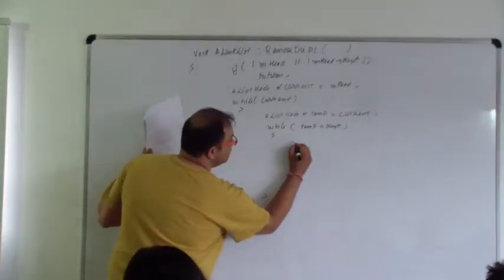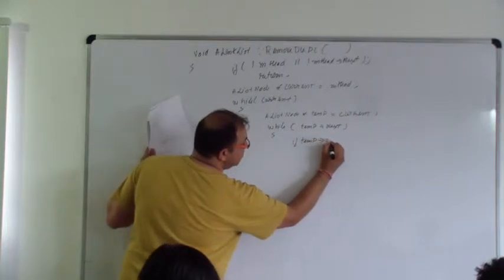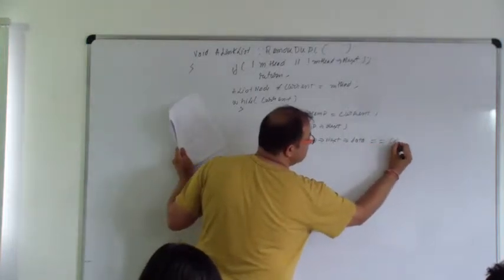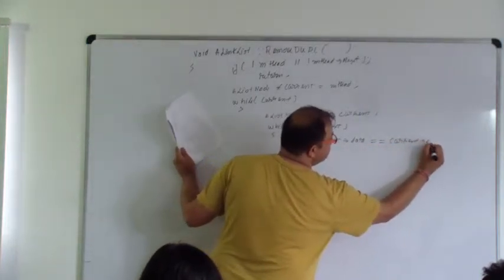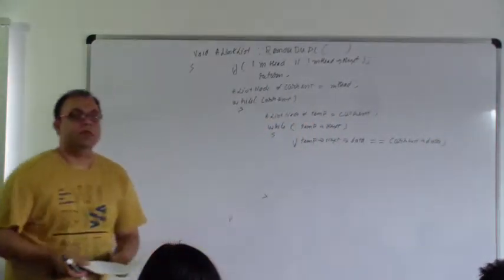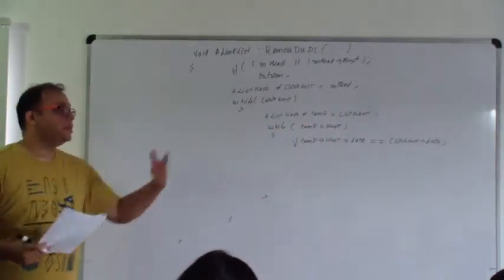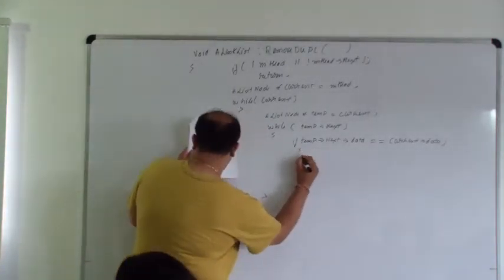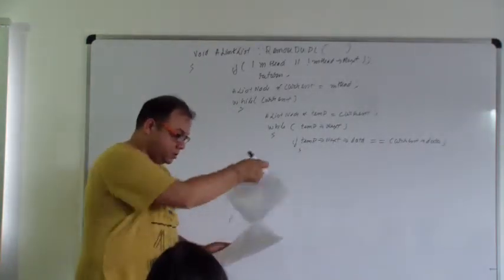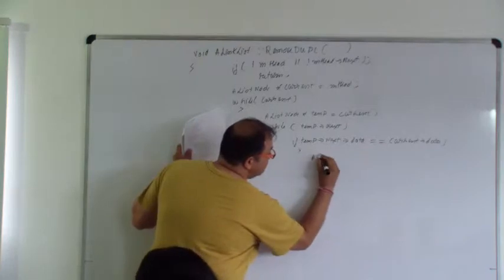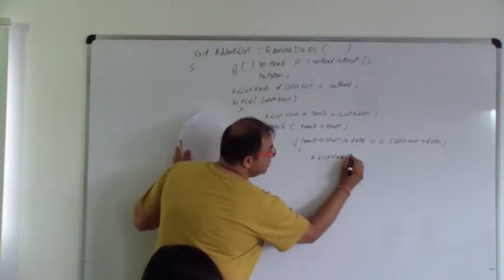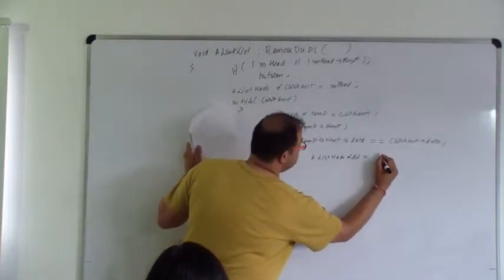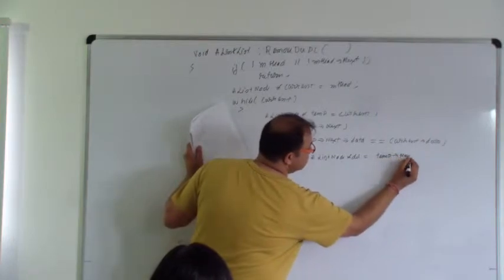We will check if temp arrow next arrow data is equal to current arrow data. If the next one's data is equal to current's data, then we have to delete that one. So we'll say ListNode star del is equal to temp arrow next.